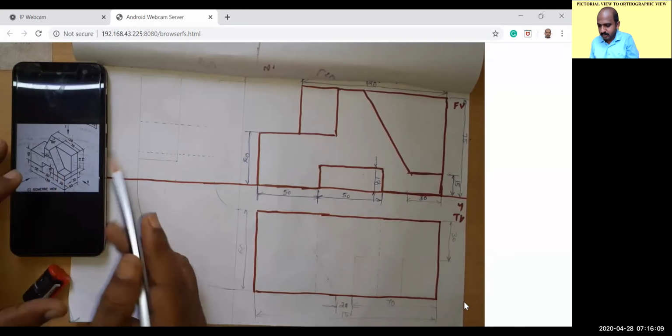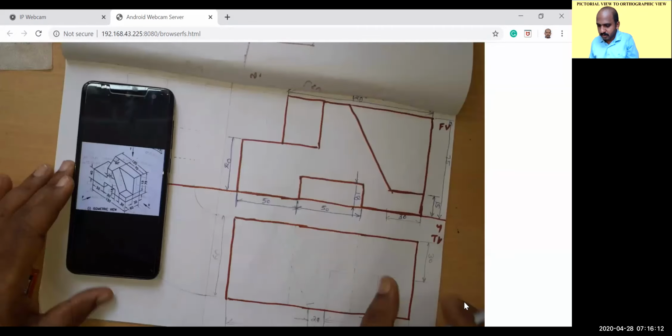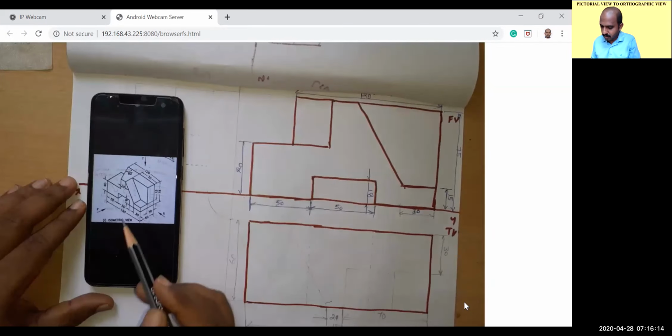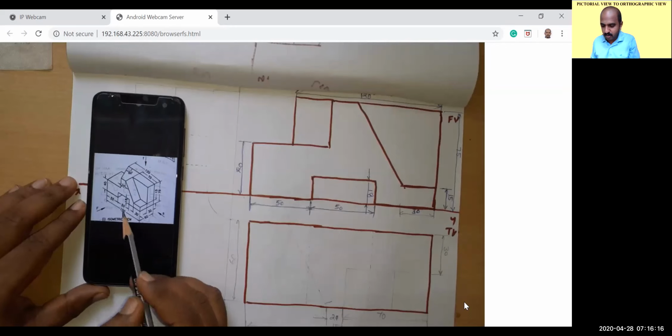Got it? There is a rectangular hole of width 50, height 18, throughout the length.